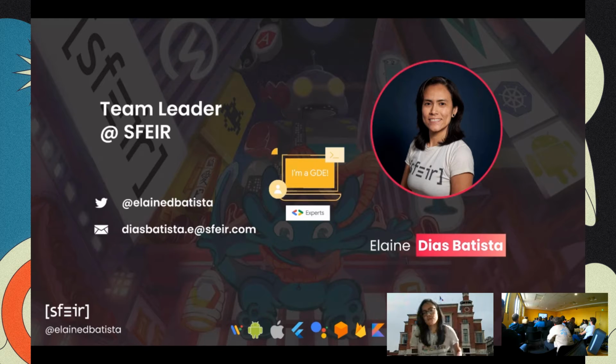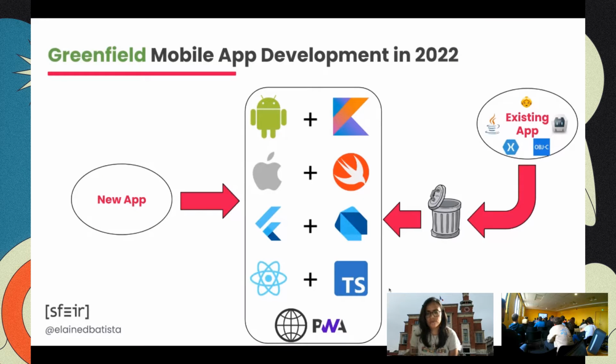So the top ones, of course, everyone here knows, is native development. That works really well. Android SDK with Kotlin, iOS with Swift. Flutter. When we talk about cross-platform frameworks, there are today two main solutions.